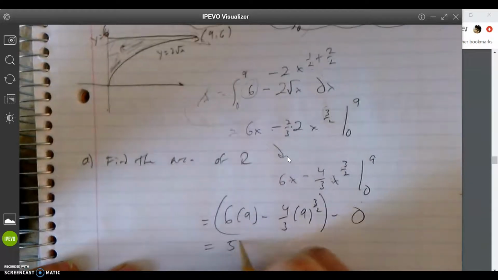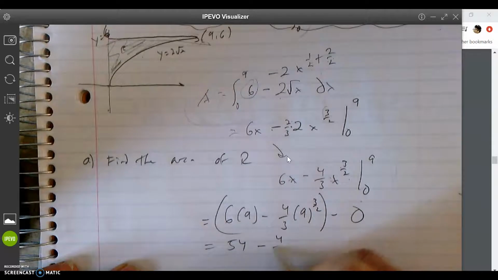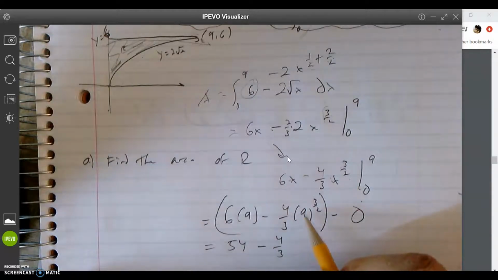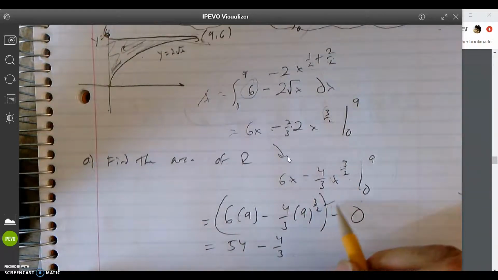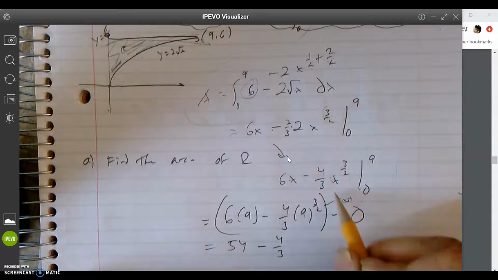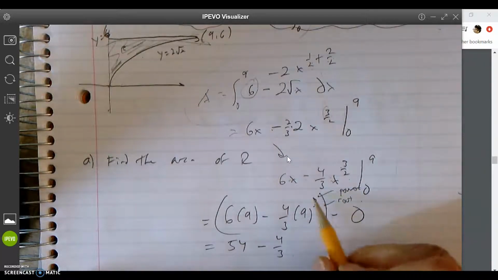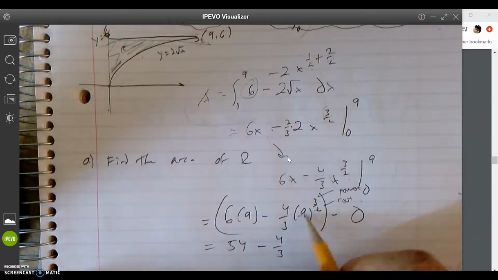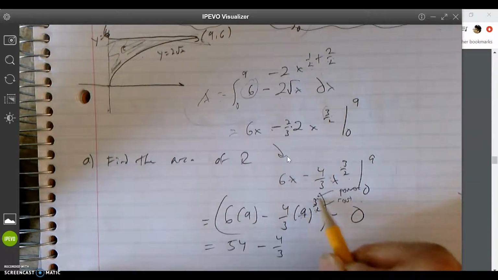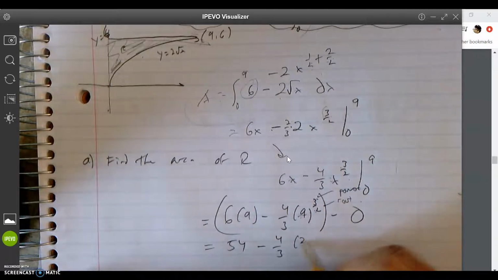After that, this is the only part we're simplifying. So that's 54 minus 4/3 times 9 to the 3/2. With a fractional exponent, the denominator is the root and the numerator is the power, so I like to do the root first. The square root of 9 is 3, and then 3 to the 3rd power is 27.